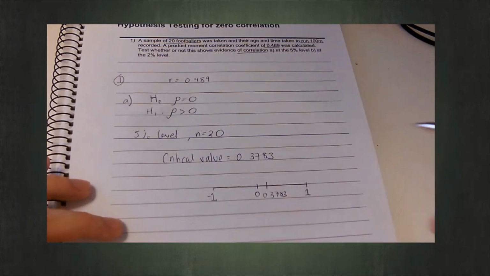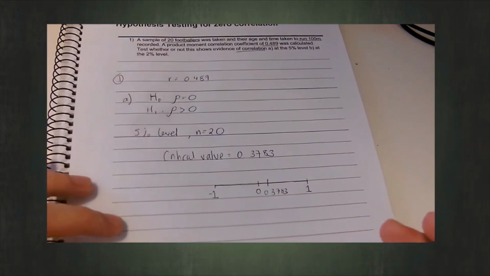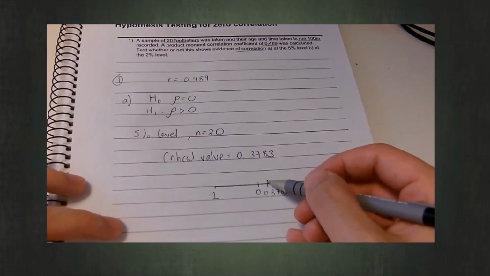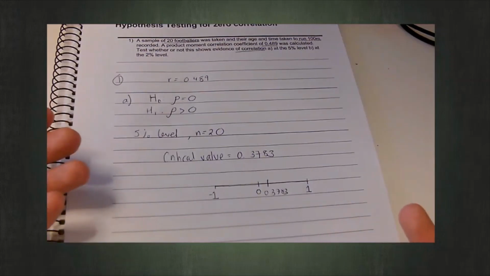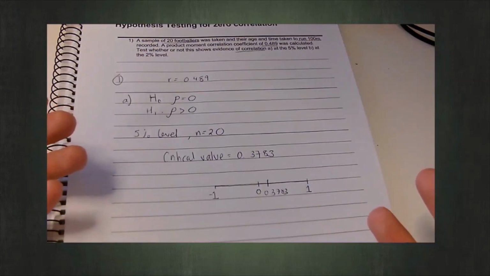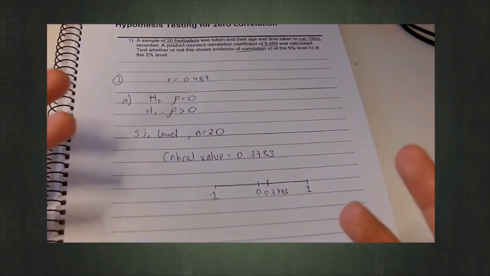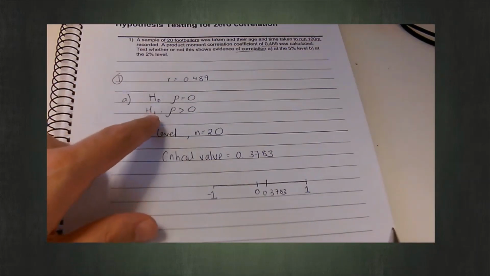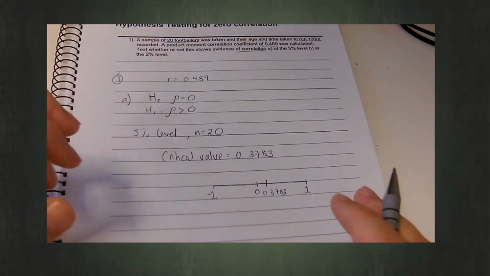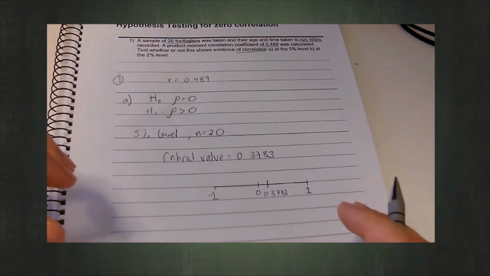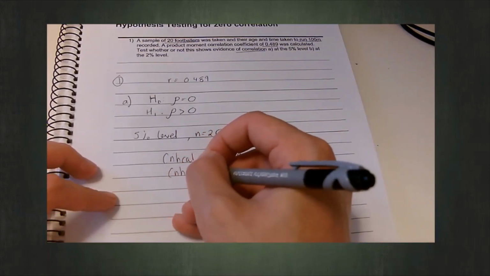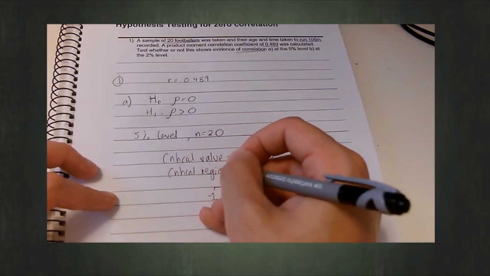The critical value is basically the value of the correlation coefficient which has a probability less than 5%. Now, in terms of the critical region, this is the most important thing, guys. We do need to get the critical region, and the critical region depends on the question.